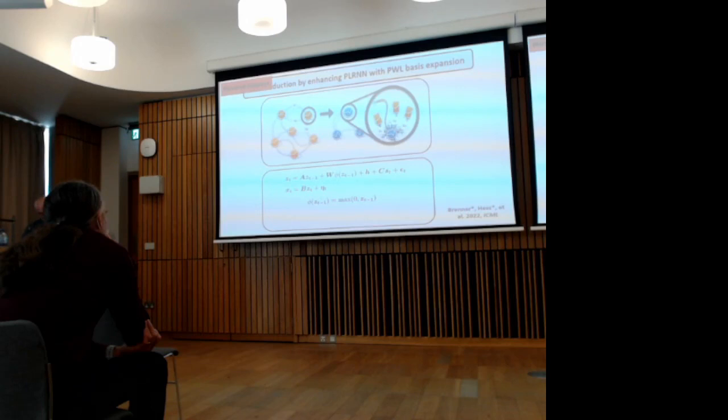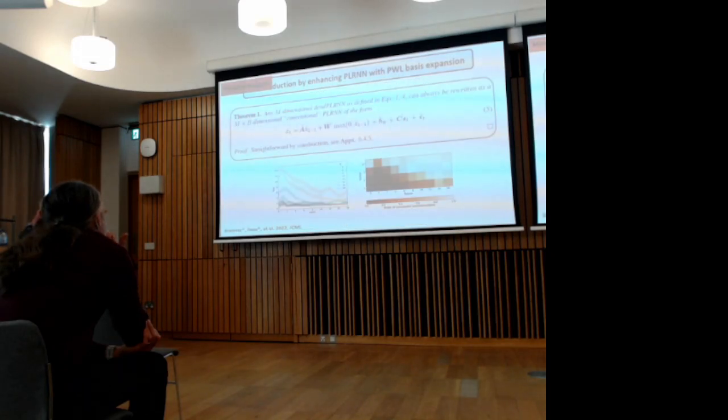Let's replace the simple rectified linear unit by a simple basis expansion, which still gives rise to a piecewise linear system overall. We just expand that by a series of rectified linear units. And that can be shown both at the mathematical level as well as empirically to lead to systems which give equivalent outputs yet at a much lower dimension.